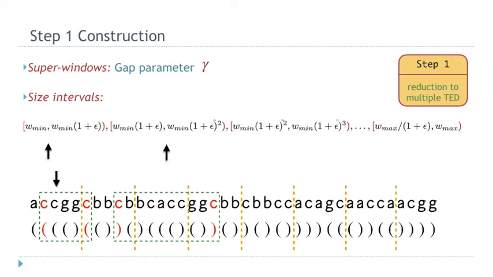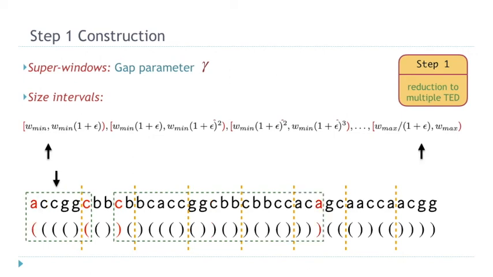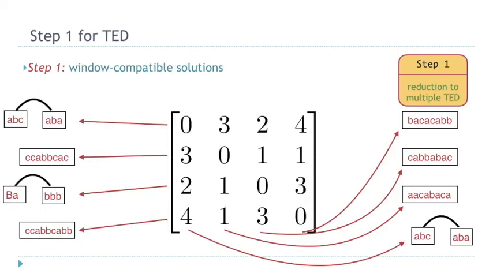On top of that, the first character of the left sub-window should correspond to the last character of the right sub-window. Okay, so for example, that's the super window we choose. And again, if there are multiple options, we choose the one that starts the latest. And of course, if we change the size of, for example, the right sub-window, we would end up having a different super window. Okay, so this is the way we construct windows and super windows.